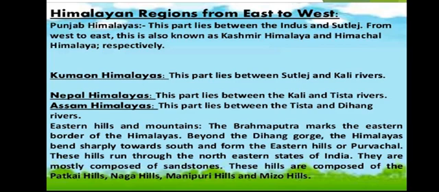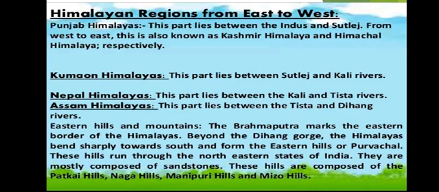First of all, let us talk about Punjab Himalayas. This part lies between the Indus and the Satluj river from west to east. This is also known as Kashmir Himalayas or Himachal Himalayas respectively.